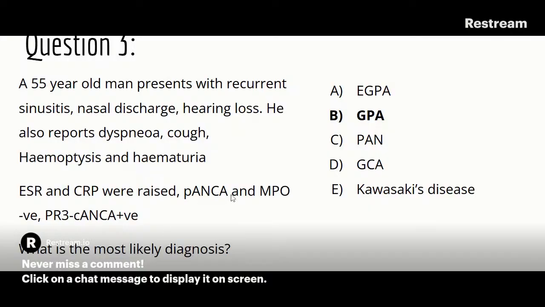He's PANCA negative, he's MPO negative, eGPA is going to be out of the picture. Kawasaki disease is not going to be in the picture because he doesn't have a fever. GCA is not involved because GCA doesn't cause hematuria or hemoptysis or any of these other symptoms. And polyarteritis nodosa, well, we know that the lungs are affected. PAN usually spares the lungs, so we know that it's going to be GPA.